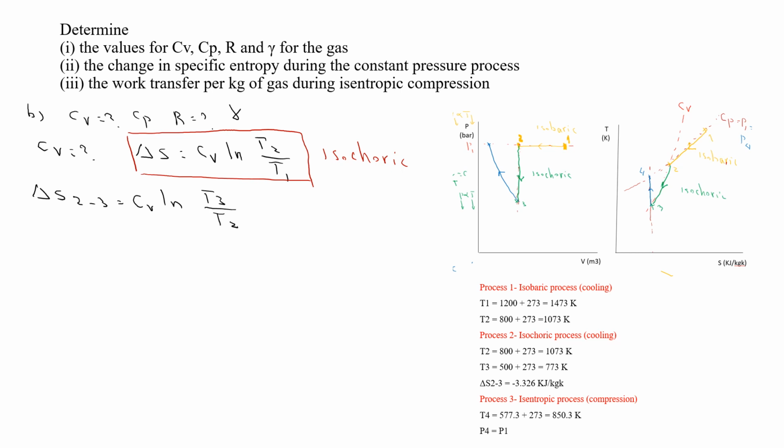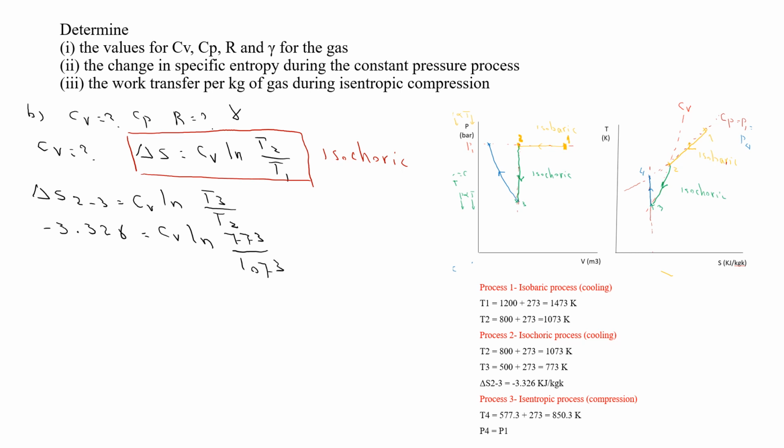So now we put the value. We know that the change in entropy for our process number 2 is minus 3.326. So we write it down here, minus 3.326 is equal to Cv natural log of T3, which is 773, over T2, which is 1073.